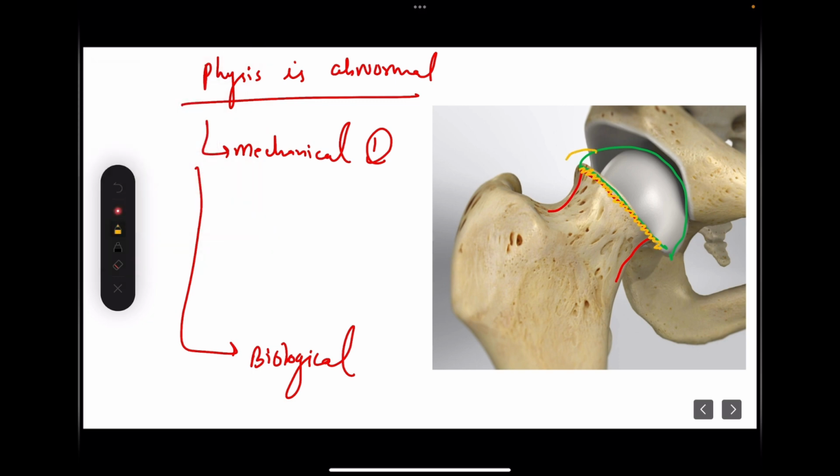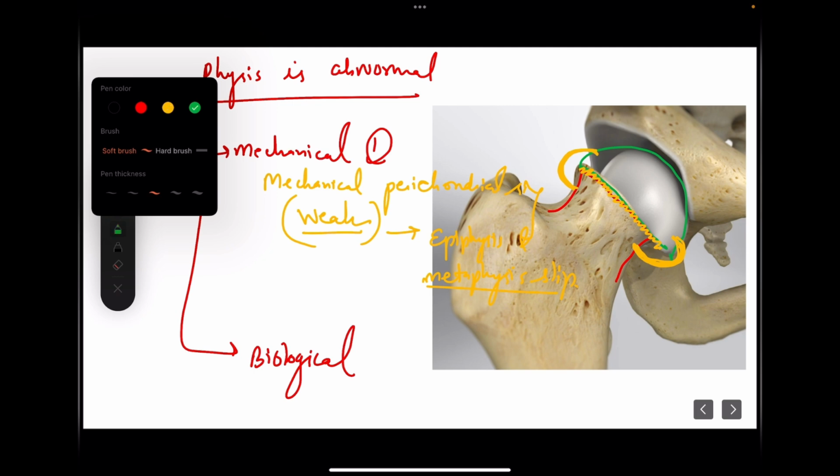A ring known as the perichondrial ring connects the epiphysis with the metaphysis, so that there is a stability component between the two which doesn't allow the physis to slip in relation to the metaphysis. But in these patients, this perichondrial ring is weak, which causes the epiphysis and metaphysis to slip with respect to each other. This is one mechanical factor.